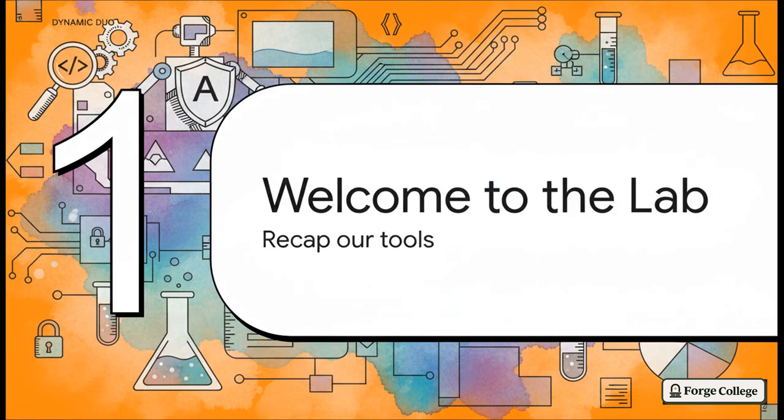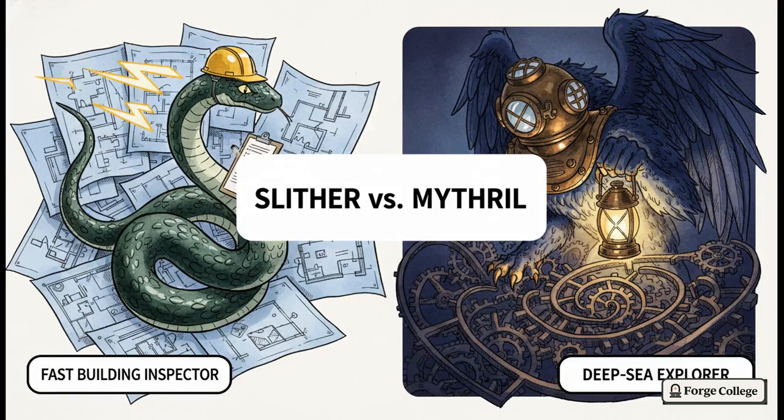Welcome to the lab. Let's do a quick recap and brief the dynamic duo we're bringing into the laboratory today. So, our two heavy hitters perfectly contrast each other. Like we learned recently, Slither is our incredibly fast, maybe slightly pedantic building inspector. It's looking at the abstract syntax tree and the intermediate representation of your code.